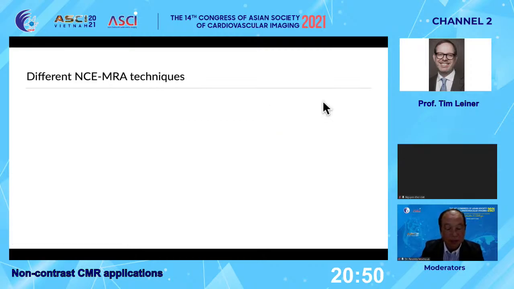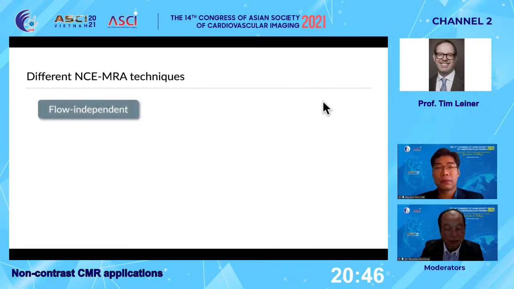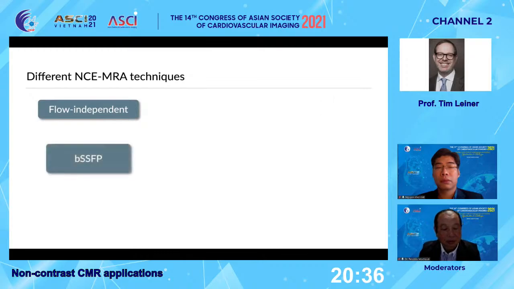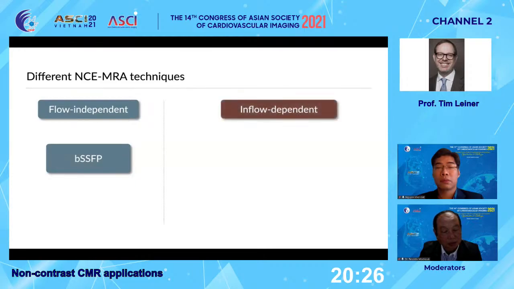So let's take a look at these different non-contrast MRA techniques. Basically there are two different families that we can distinguish. First, there are the flow-independent techniques, which basically consist of balanced SSFP techniques. And then this is complemented by inflow-dependent techniques, and here there's more variety in terms of different technologies.